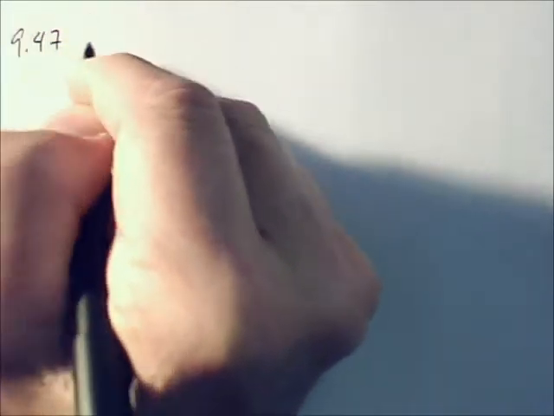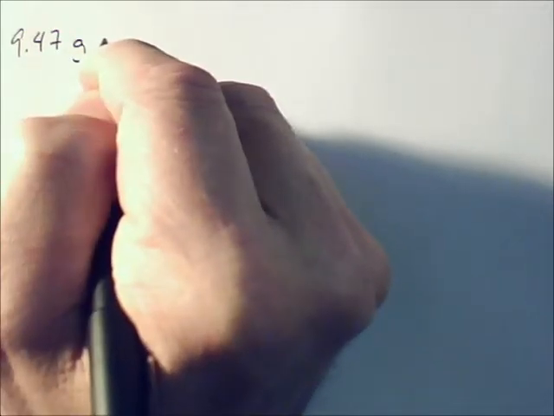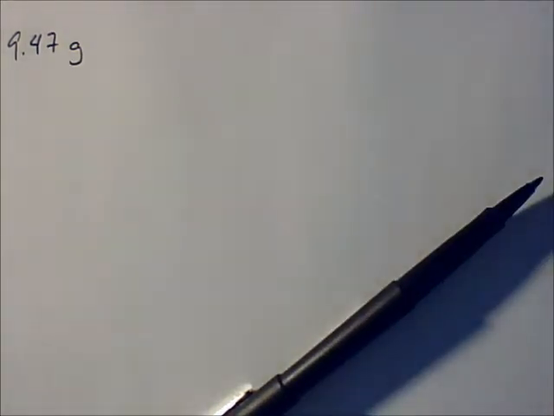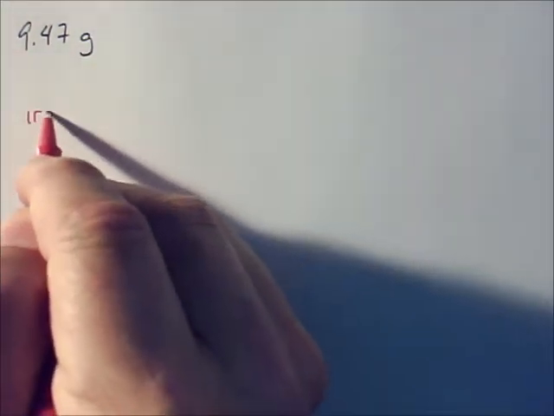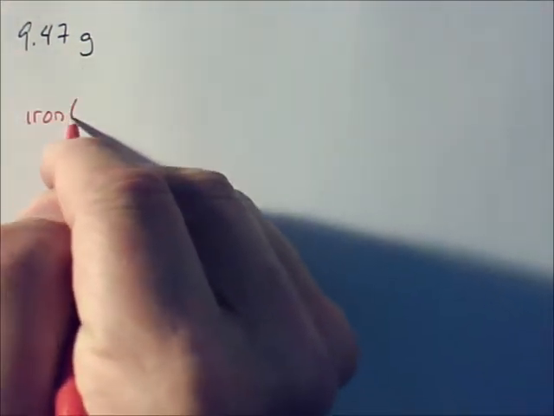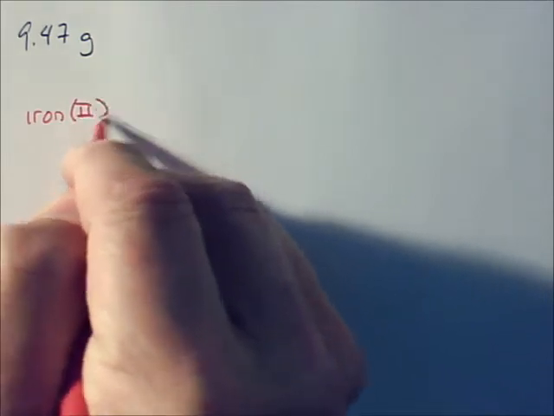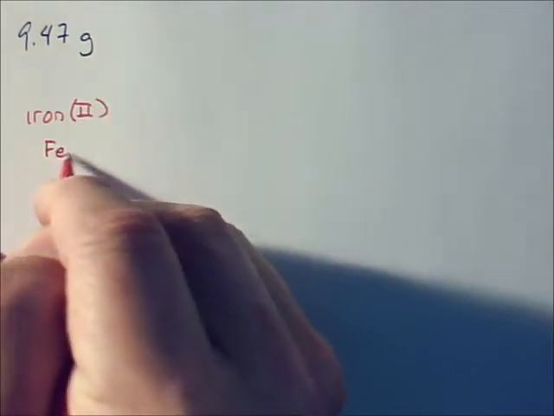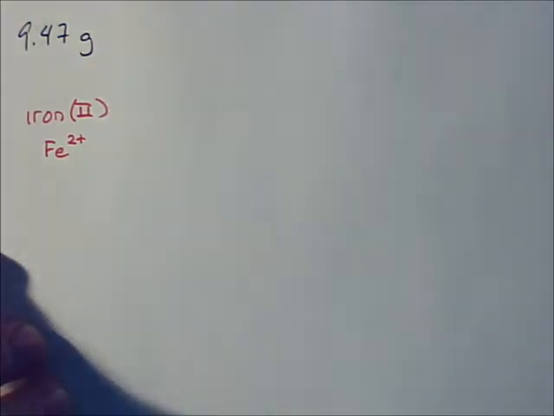Alright, let's see. We're starting with 9.47 grams of iron(II) fluoride. We need to figure out the formula for iron(II) fluoride. The name iron(II) means that we have iron with a 2+ charge on it.